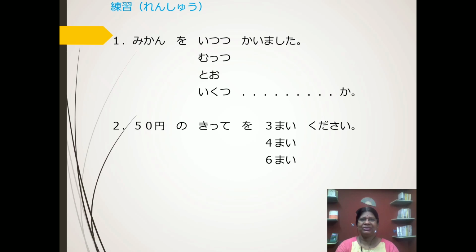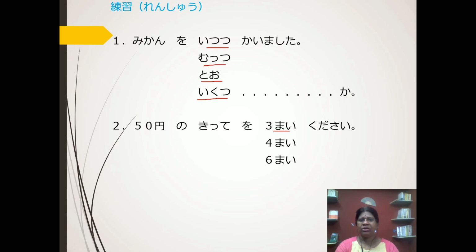Renshu, please read it. Mika no itsutsu kaimashita. Mika no mutsu kaimashita. Mika no ikutsu kaimashita ka? Okay. Goju en no kitte o sanmai kudasai.